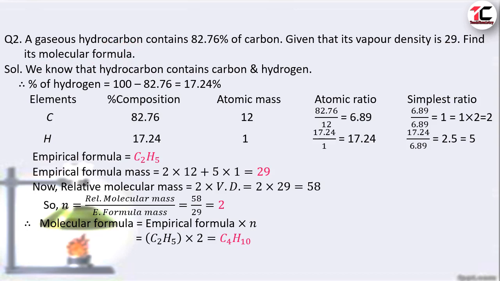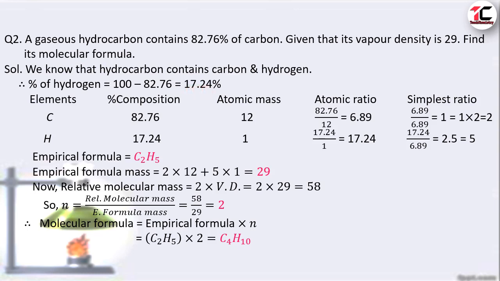We know that hydrocarbon must contain carbon and hydrogen, but here only the percentage of carbon is given, so we will find the percentage of hydrogen. 100 minus 82.76, as whole there is 100, carbon is 82.76, so percentage of hydrogen is 17.24.